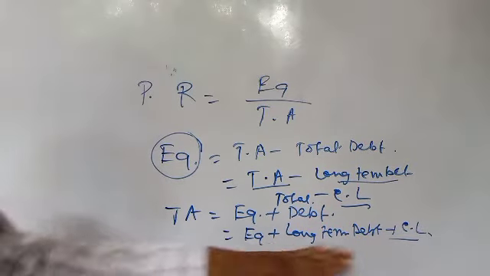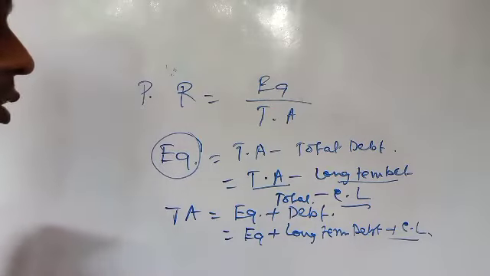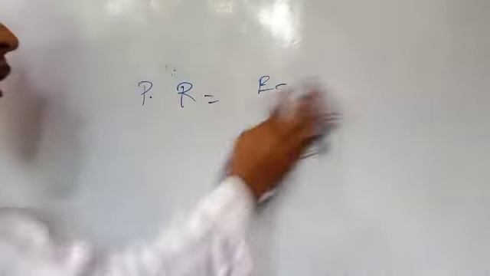So this way, based on the formula, whatever information is given to you, accordingly you have to use the formulas. So all the concepts you must know, otherwise long calculation will be required to find out the answer. But in exam you will not get too much time, so you have to use the shortcut method.